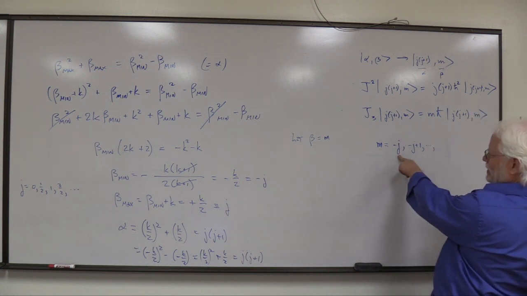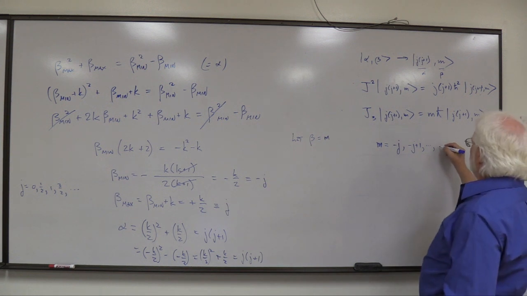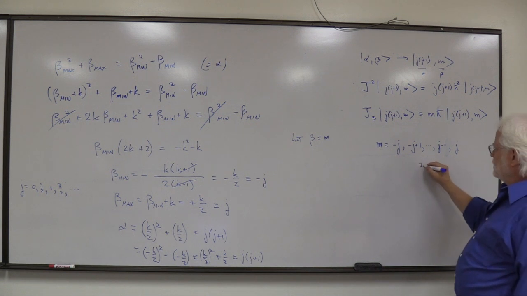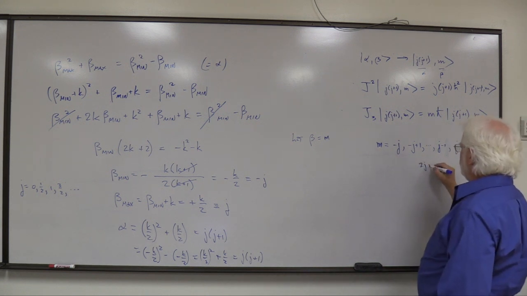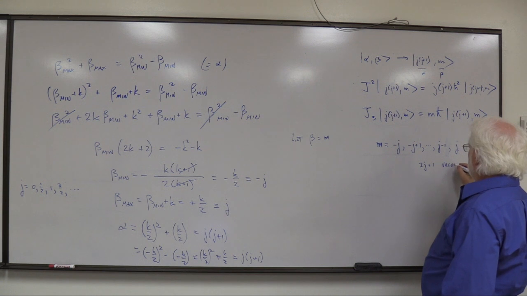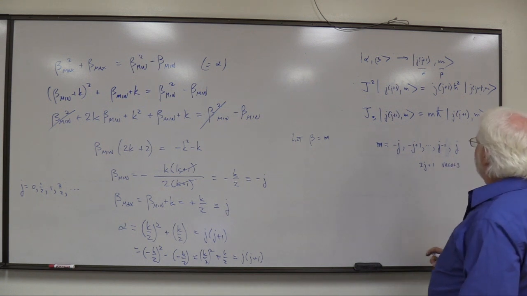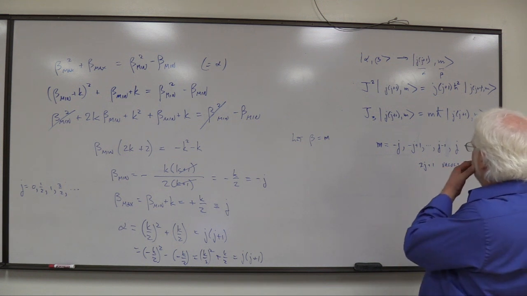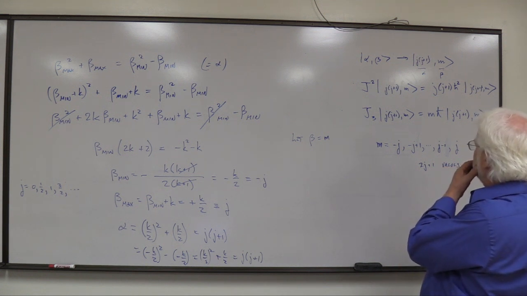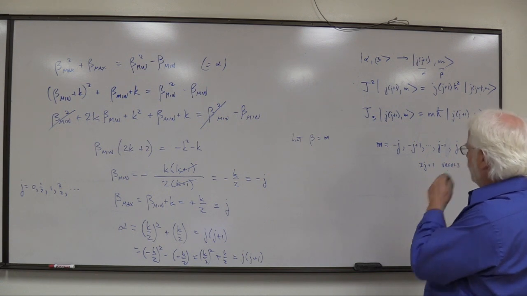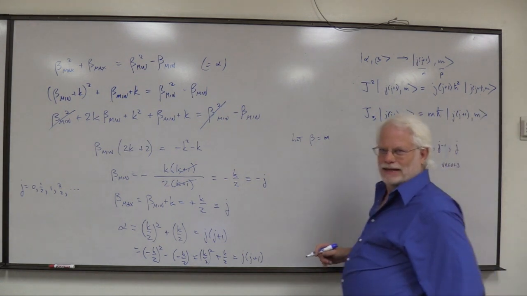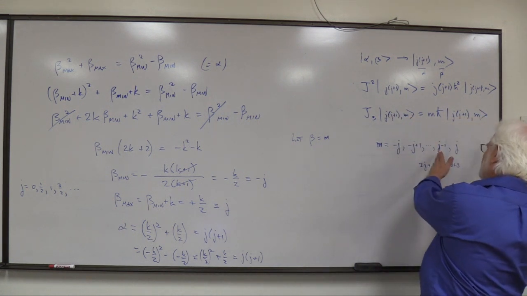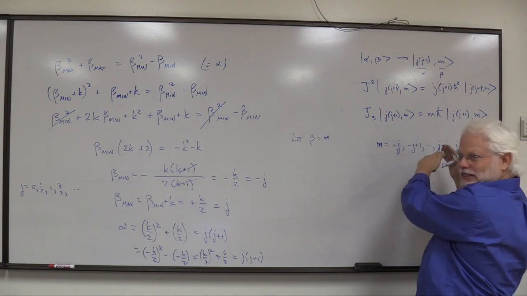It might not hit 0. If j is a half integer, you're not going to hit 0, but you'll get from minus j up to j. So that's in general 2j plus 1 values. For any integer, you hit 0, so you get the positive integers, the negative integers, and zero.